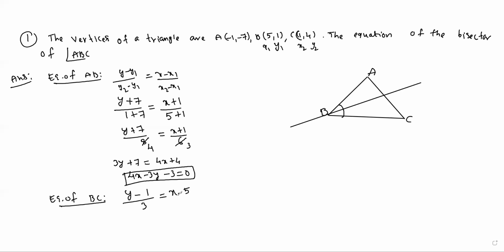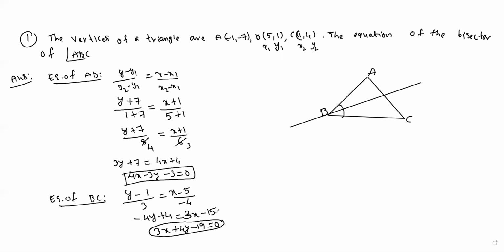Then x minus 5 over x2 minus x1, 1 minus 5, that is minus 4. Cross multiplication: minus 4 times (y minus 1), minus 4y plus 4, is equal to 3x minus 15. Send the y term to the right side: 3x plus 4y minus 19 is equal to 0.